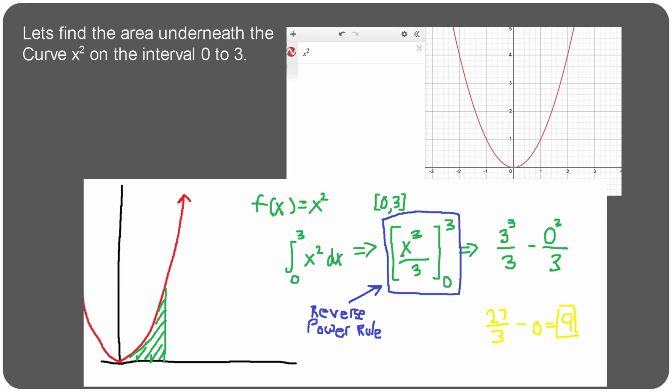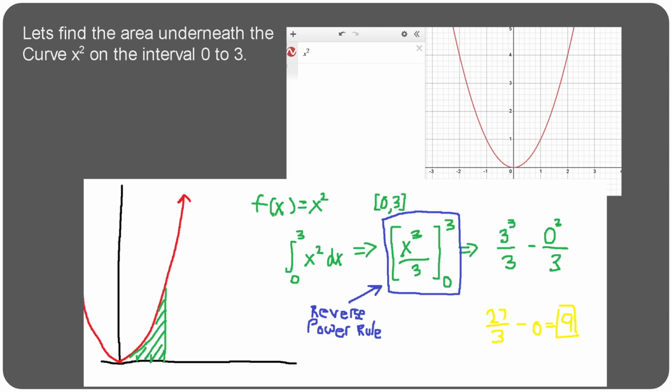The reverse power rule then would state that you add 1 to the power, and then using that new power, you divide the original term. So let's do that right here. If we take x squared and add 1 to the power, it becomes x cubed, and then we divide it by the new power. So x cubed divided by 3, congratulations, that's the antiderivative of x squared.